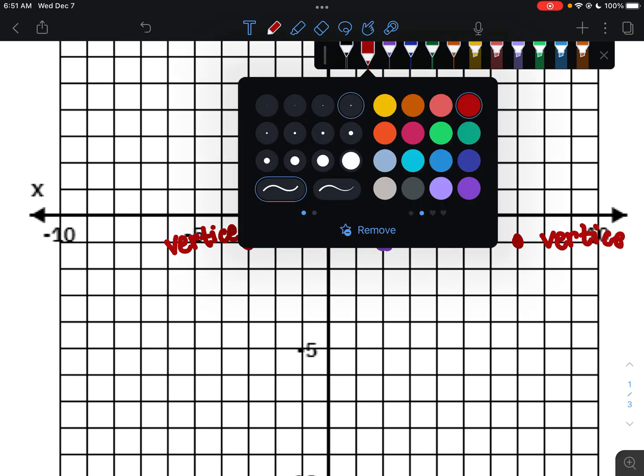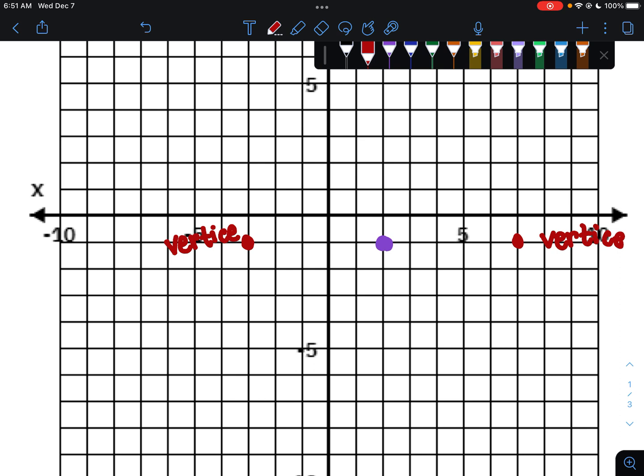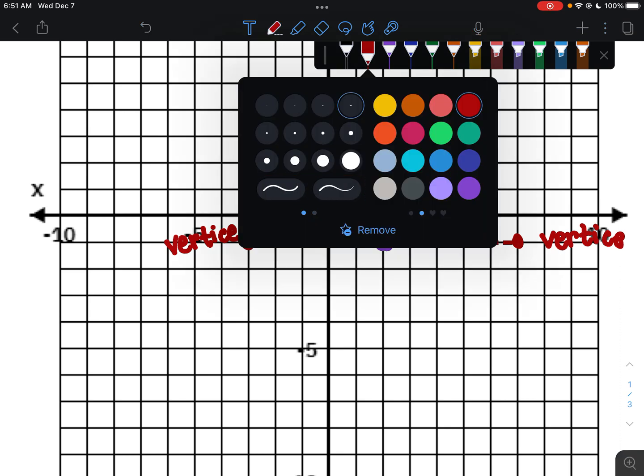What we just created is our transverse axis right here. So from vertex to vertex through the center is our transverse axis.